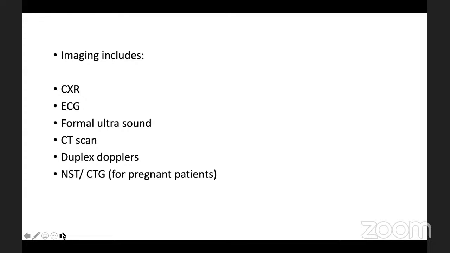So we need to do Dopplers so that we know if we need to start them on Clexane or warfarin. And for the pregnant patients presenting with APH, in terms of viability, it's important to do a non-stress test or a cardiotocogram if that patient will be having contractions or in labor.